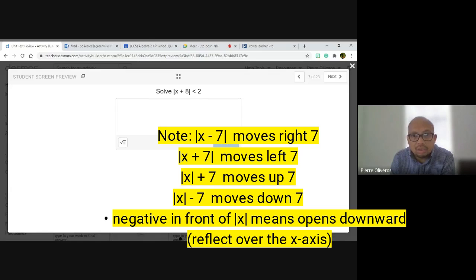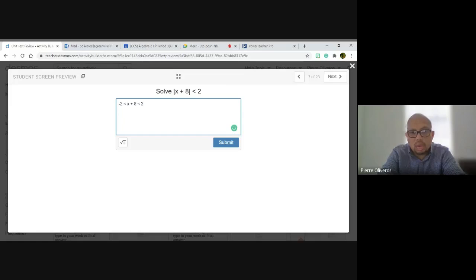You need to solve this. You can type in here again on your own. Okay. So let's do it. Type it this time. Since this one here is less than, it's an "and" problem. So one way is that you can type in -2 less than x plus 8 less than 2. Then your goal is to isolate the x here.